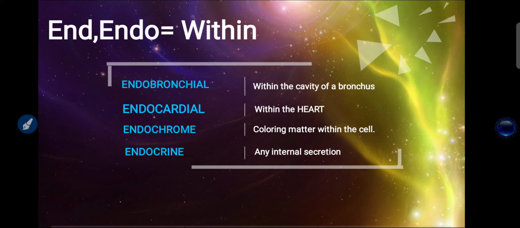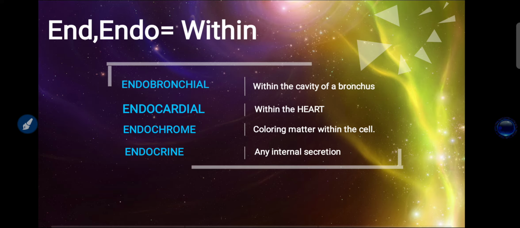Next word is endocrine. Endocrine is related to endocrinal glands, some kind of internal secretion. In our body, some kind of secretion is done by endocrinal glands.